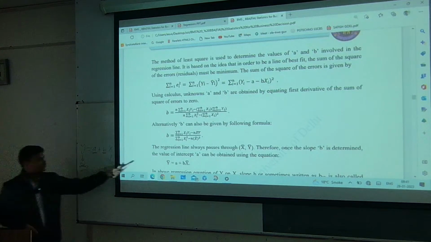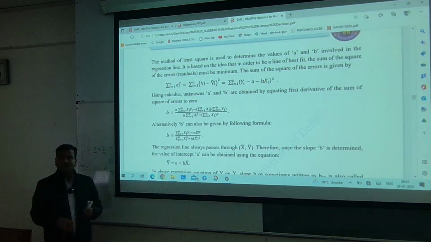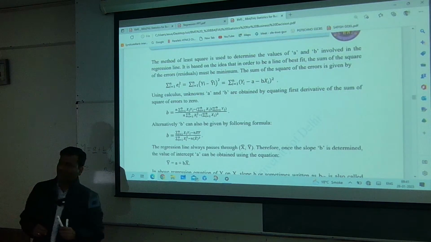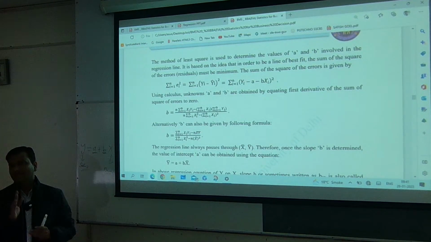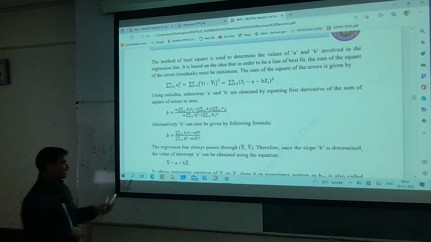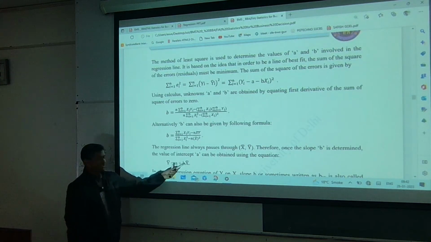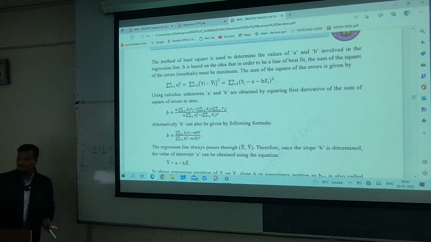Because you know the mean of your data, x bar and y bar, your regression line would always pass through the mean. So y bar would always satisfy your equation, therefore y bar equal to A plus B x bar.